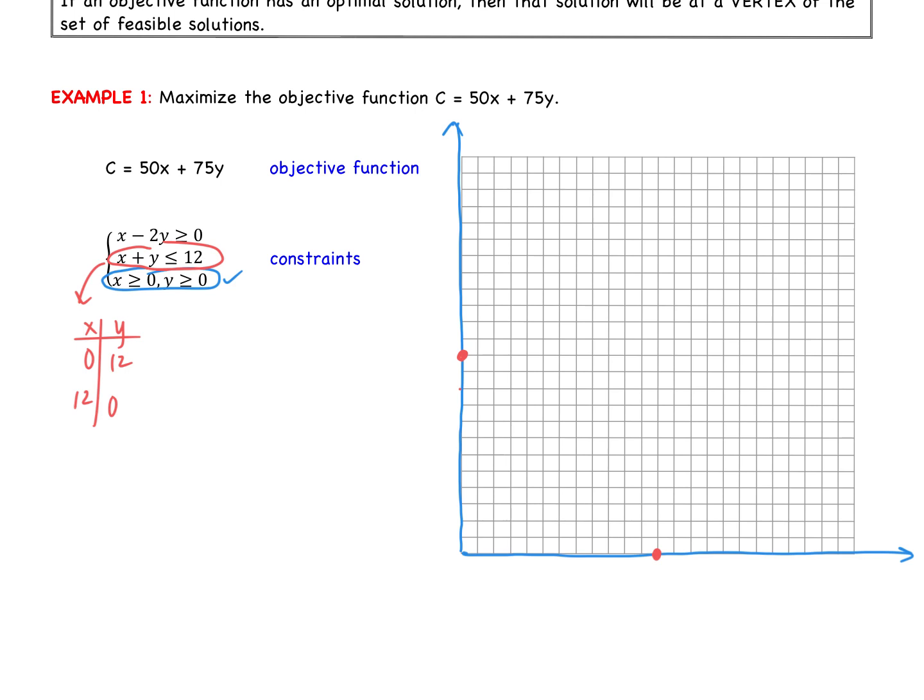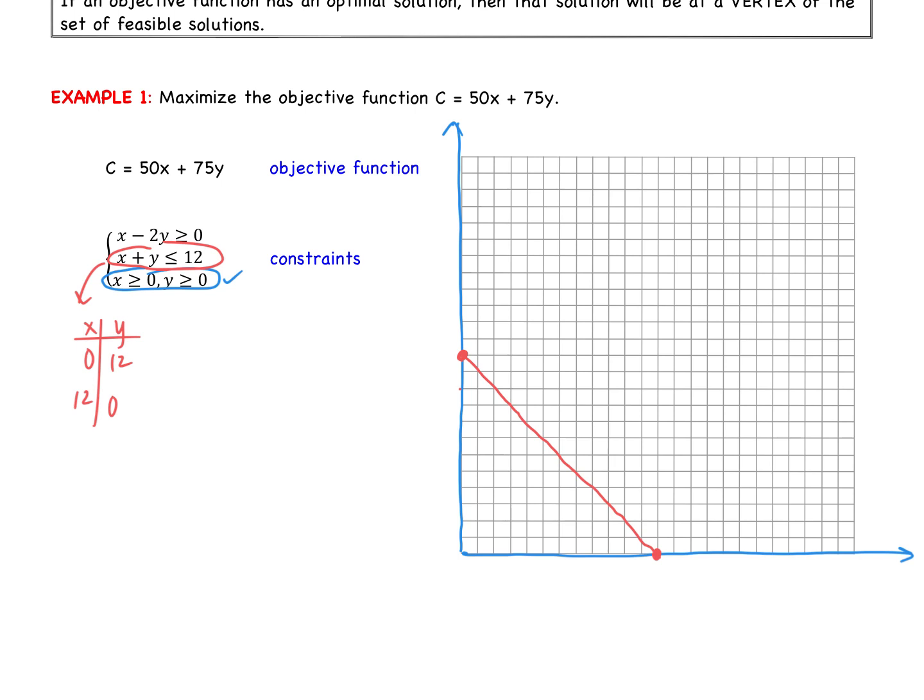And this is going to be a solid line. Make sure you draw a straight line and that it's very accurate. And you'll see why in a minute.